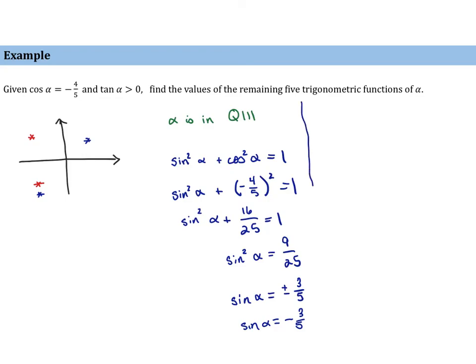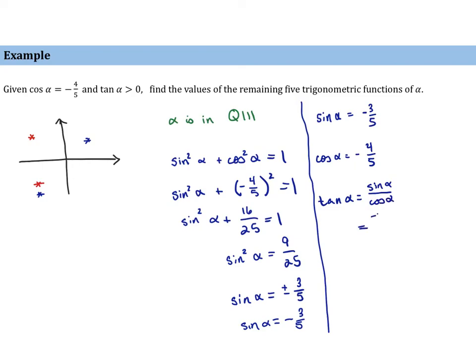Now we can use the rest of our trigonometric identities to find the remaining trig functions. So we have sine of alpha is -3/5. We have cosine of alpha is -4/5. And tangent of alpha is going to be sine of alpha over cosine of alpha.